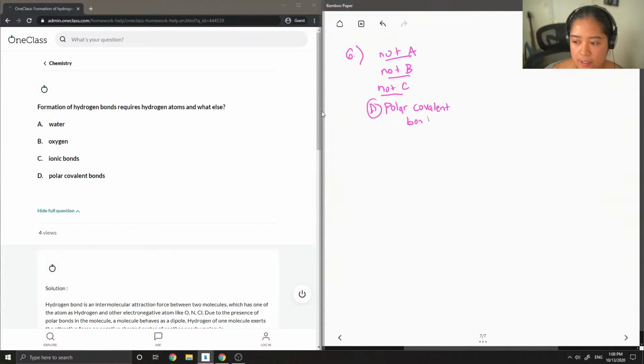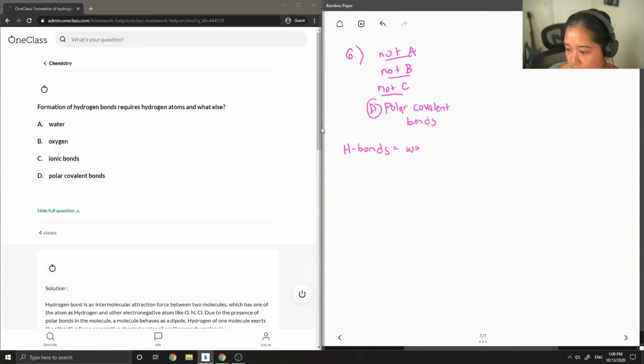So people tend to get confused with the word hydrogen bonding. They think that just because there's a hydrogen involved and it's connected to something else, this is what a hydrogen bond is. But I'll just write down the definition of hydrogen bonds.